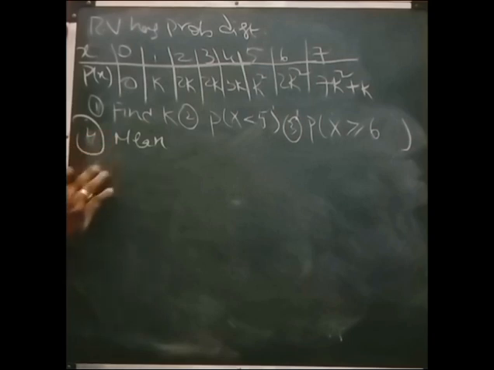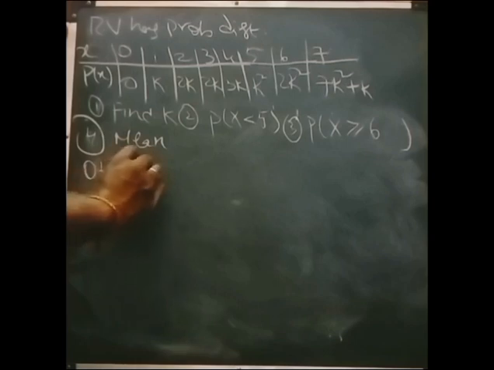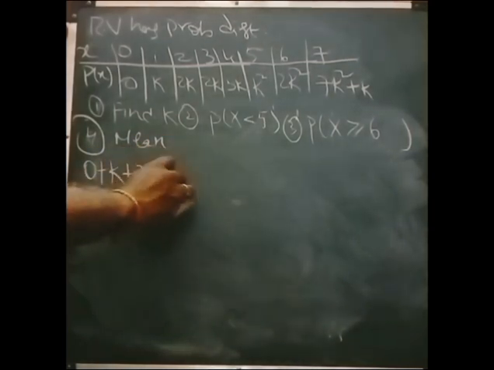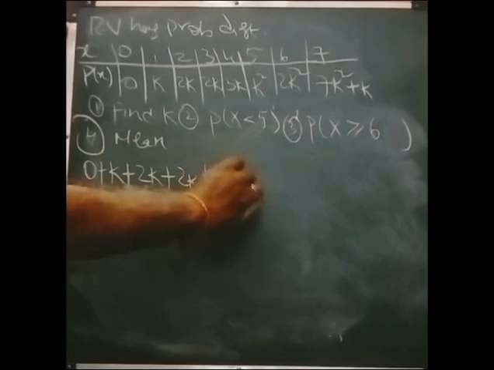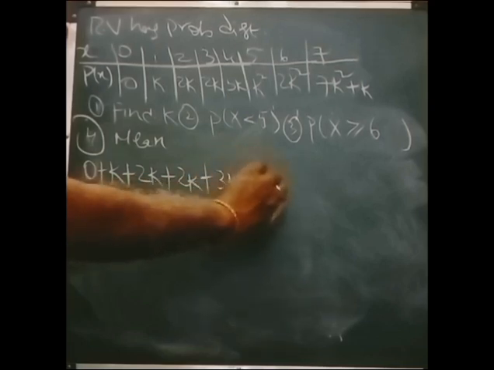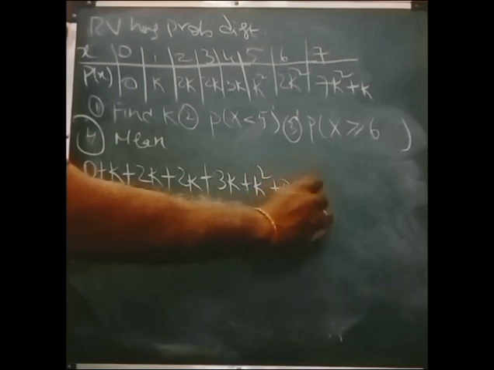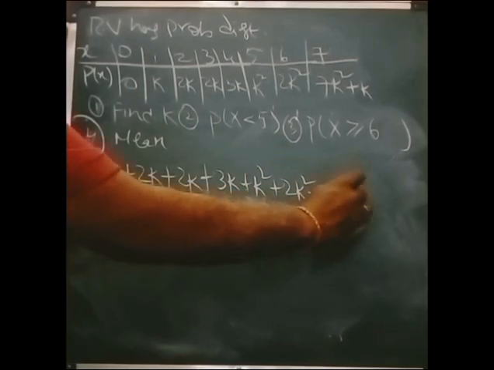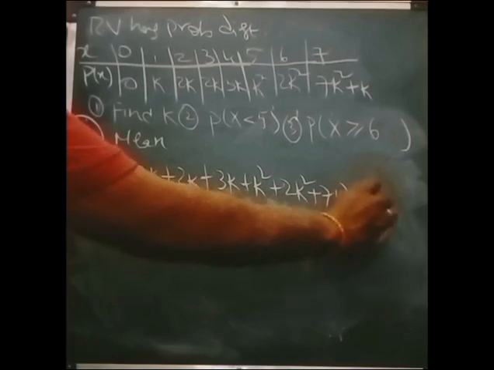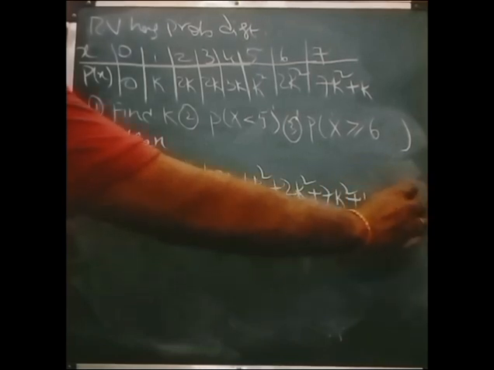So that is 0 plus k plus 2k plus 2k plus 3k plus k square plus 2k square plus 7k square plus k is equal to 1.